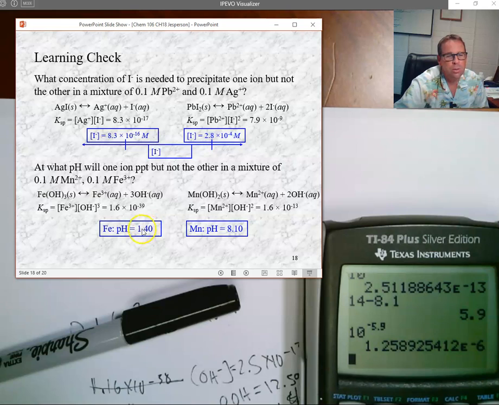Therefore, if I get above pH 1.4, the iron will begin to precipitate out, but I still don't have enough to precipitate out the manganese. As I get closer to pH 5, 6, 7, 8, and then as soon as I get to 8.1, I have enough hydroxide ion concentration to precipitate out the manganese. So the iron will go first and then the manganese.